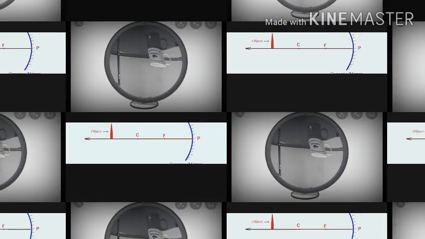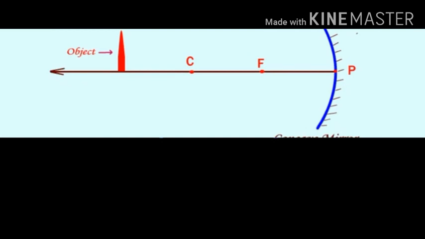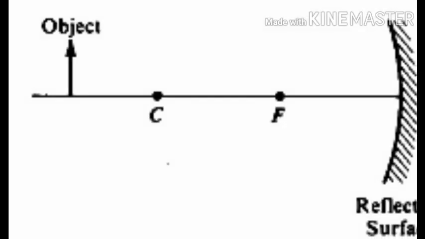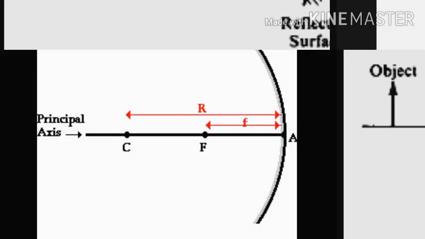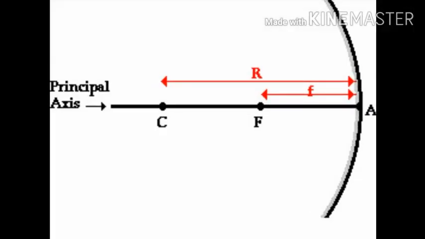Before drawing a ray diagram, certain points you have to keep in mind. First, here in case of a concave mirror we are drawing the ray diagram. First you have to draw a concave mirror, then mark its pole, then the center of curvature, then draw the principal axis and mark the principal focus.